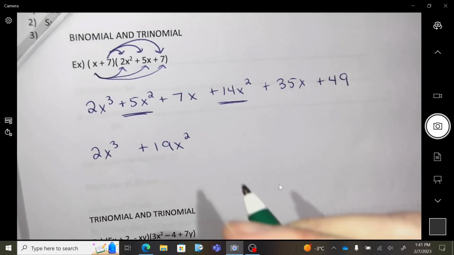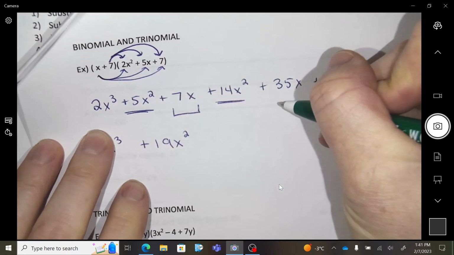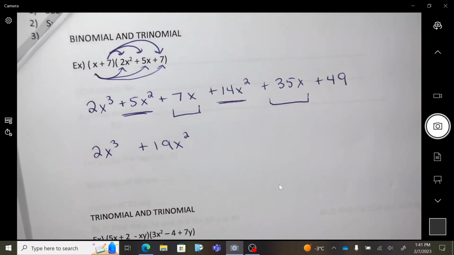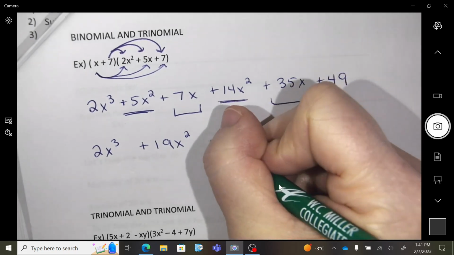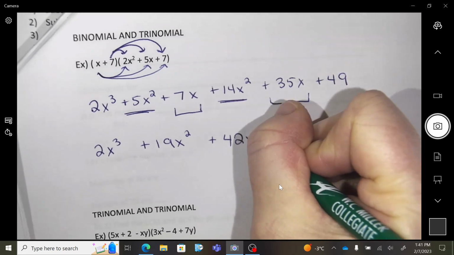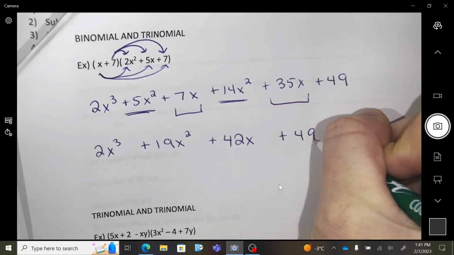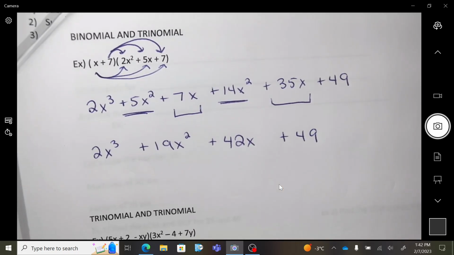And then I can put 7x and 35x together. So 42x. Thumbs up, we did it.